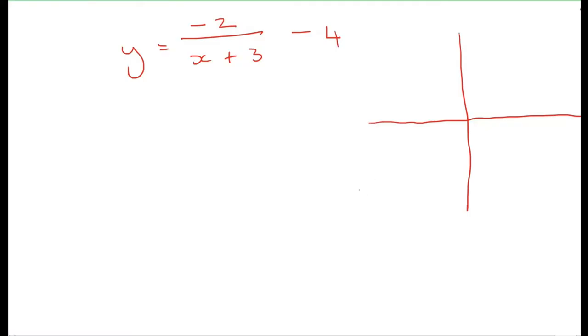If it's a horizontal asymptote, it means it's controlling height. I know it seems a little weird to think of that as height, but if it's limiting how far up and down it can go, it's definitely a y thing. So the height that cannot be reached is minus 4. I'm going to come down here, and that is now the line y equals minus 4, which is the equation of the horizontal asymptote.